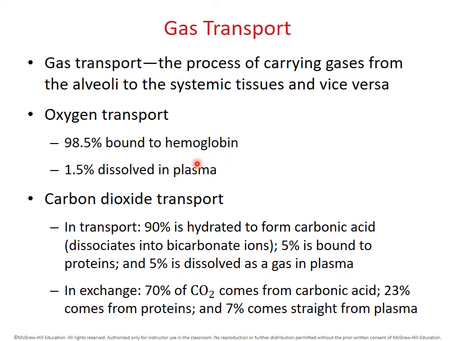So the blood actually contains a lot more oxygen than you would think just by looking at the plasma. The plasma is going to have a PO2 of about 95. That's oxygenated blood. That's this 1.5% of the oxygen that's creating a plasma with a PO2 of 95 or so. Much more oxygen is actually held inside the erythrocytes in the hemoglobin.